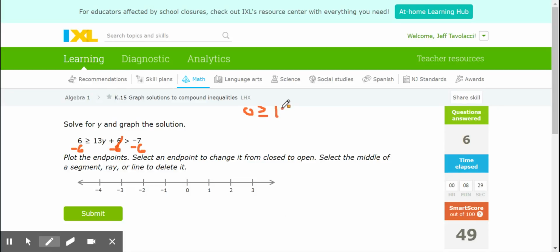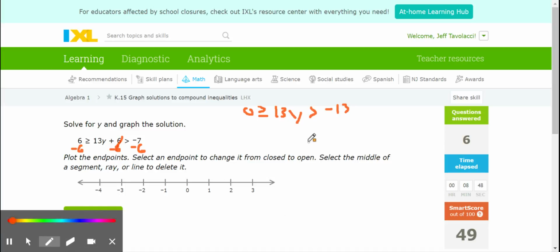So now we've got 13y in the middle, and greater than negative 7 minus 6 is negative 13. You're going to see that there's really no way to graph fractions right now. So just make sure that your math works out that everything is evenly divisible. If it doesn't, then you probably did something incorrectly.